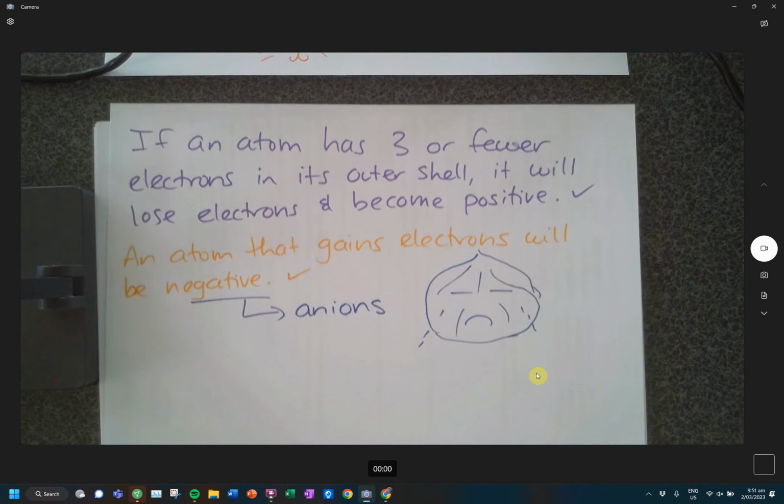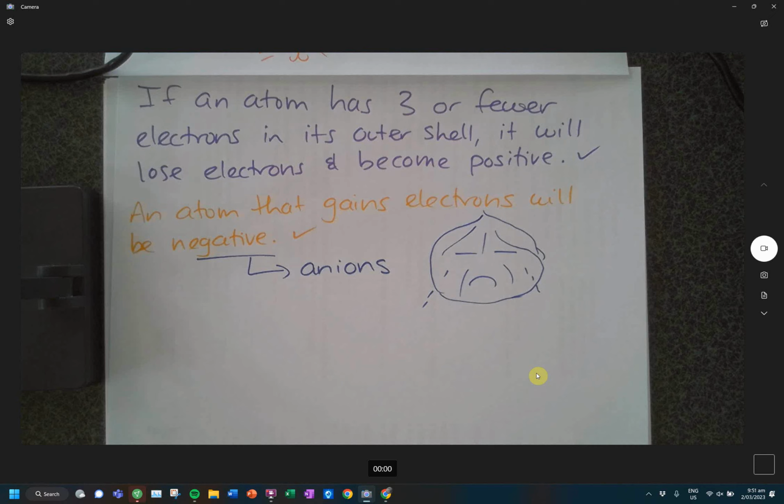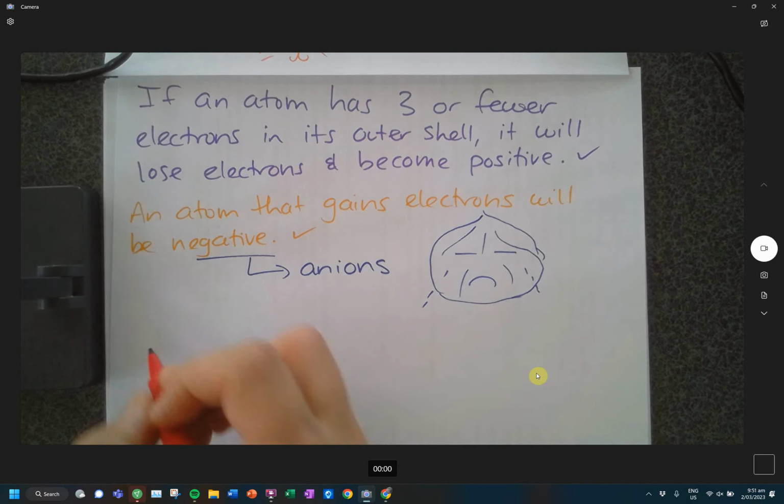Next one. I know there's a lot, but I want to make sure you guys got the reading passage. If an atom has 5 or more electrons in its outer shell, it will lose those electrons to form a positive ion.